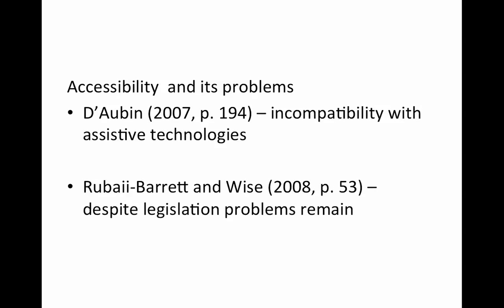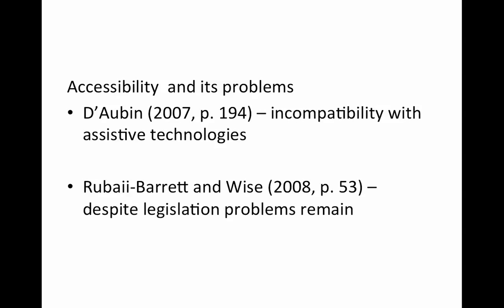However, despite the clear guidelines and standards, accessibility problems are common. For example, Daubin observes that despite the existence of international guidelines devoted to designing accessible websites, most websites are not compatible with the assistive technology blind computer users usually use to convert text to speech or audio output.